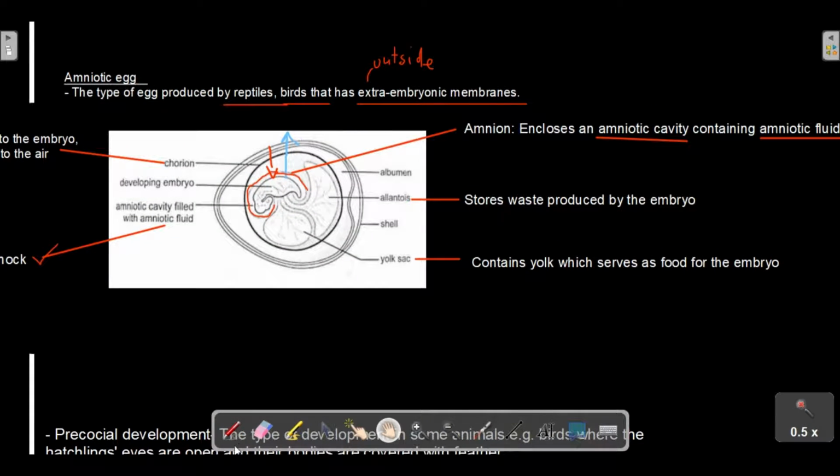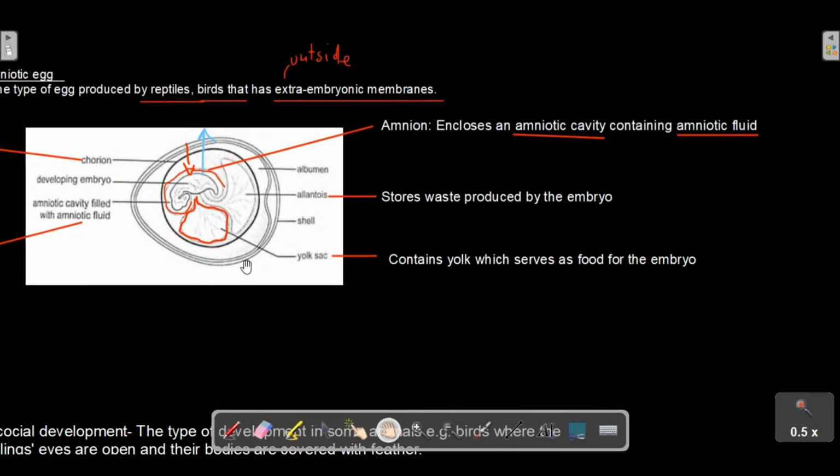Okay, what else do we have inside here? Inside the chorion, we also have this structure right here. As you can see, this structure is a sac, so it's bag-like. It's what we call the yolk sac. This is a sac that actually contains yolk.